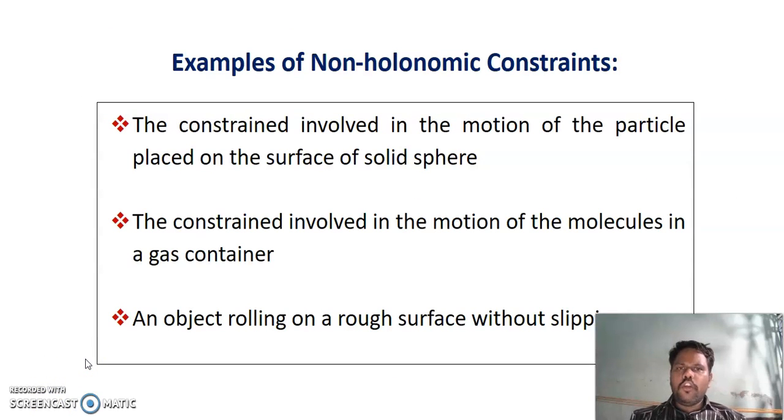Examples for non-holonomic constraint. Number 1, particle moving on a surface of a solid sphere. Number 2, motion of the molecules in a gas container. Number 3, an object rolling on a surface without slipping.